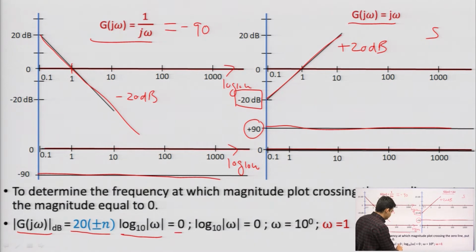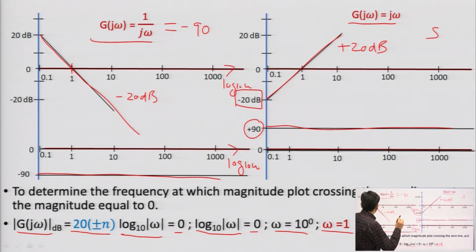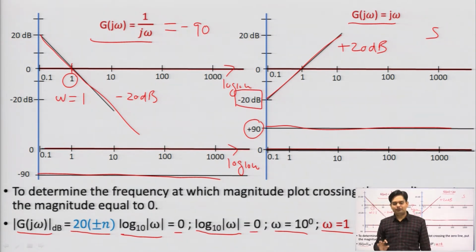I put this equal to 0, log 10 omega equal to 0, or omega equal to 10 raised to power 0 by the anti-log process, and we get omega equal to 1. It means my magnitude will be equal to 0 at omega equal to 1. So, whenever we need to know this point, we evaluate magnitude equal to 0. In both cases, for the zero and the integral, this line will cross the 0 line at omega equal to 1.